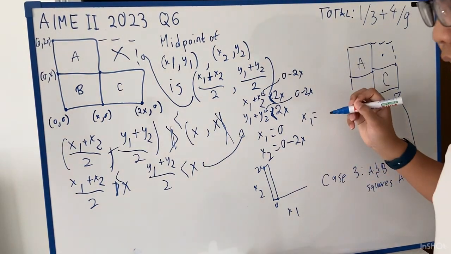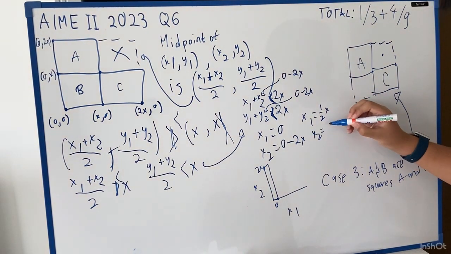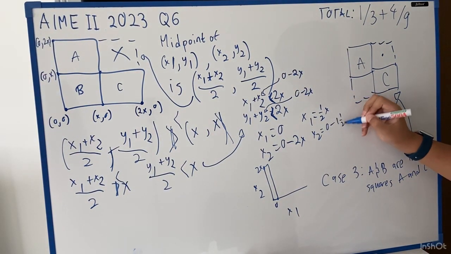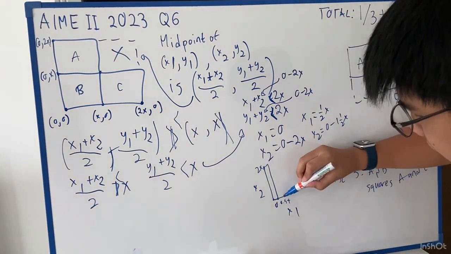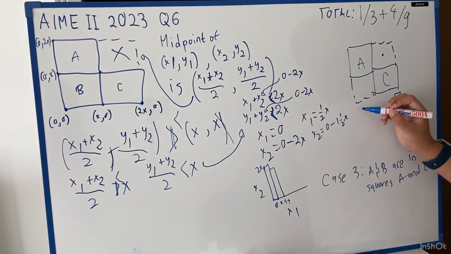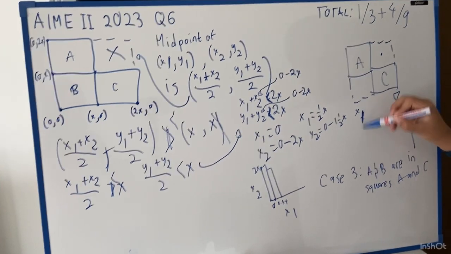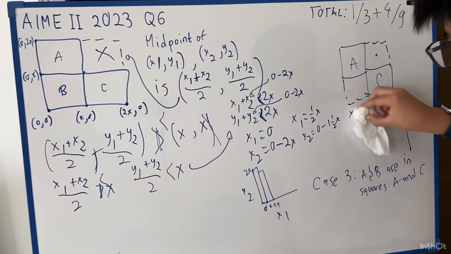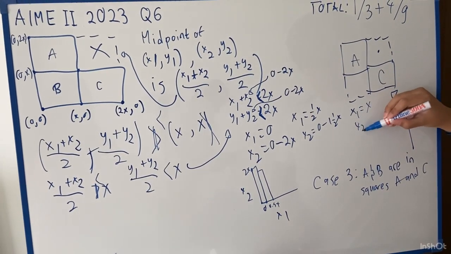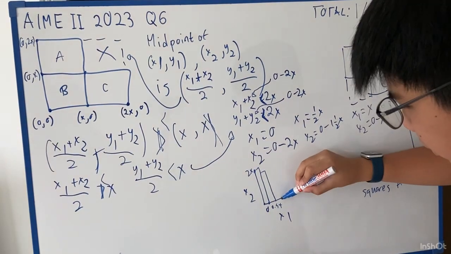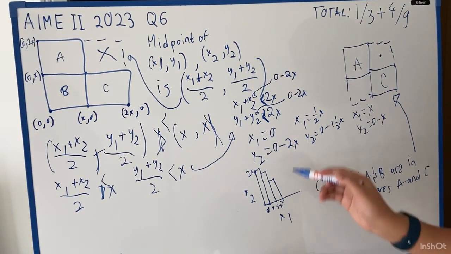If x1 is, let's say, 1/2 x, then x2 can be 0 to 1.5x, it's around here. And what if x1 is equal to x? x2 can just range from 0 to x, so then if you go to an x, x2 will look like this.